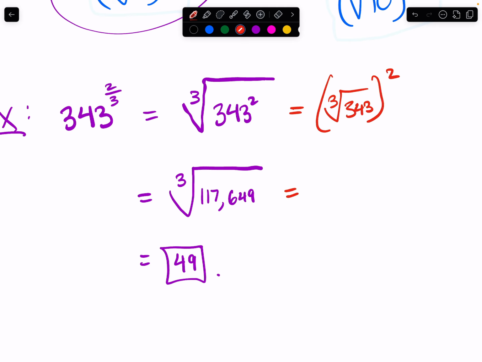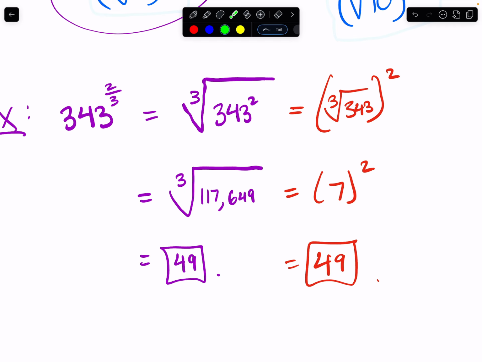And I can cube root 343 without a calculator because I know my cubes. Remember those cube numbers we wrote on our first page? We know that the cubed root of 343 is 7. And we know what 7 times 7 is. It's 49. So hopefully that helps explain why you should be comfortable writing it in either way.